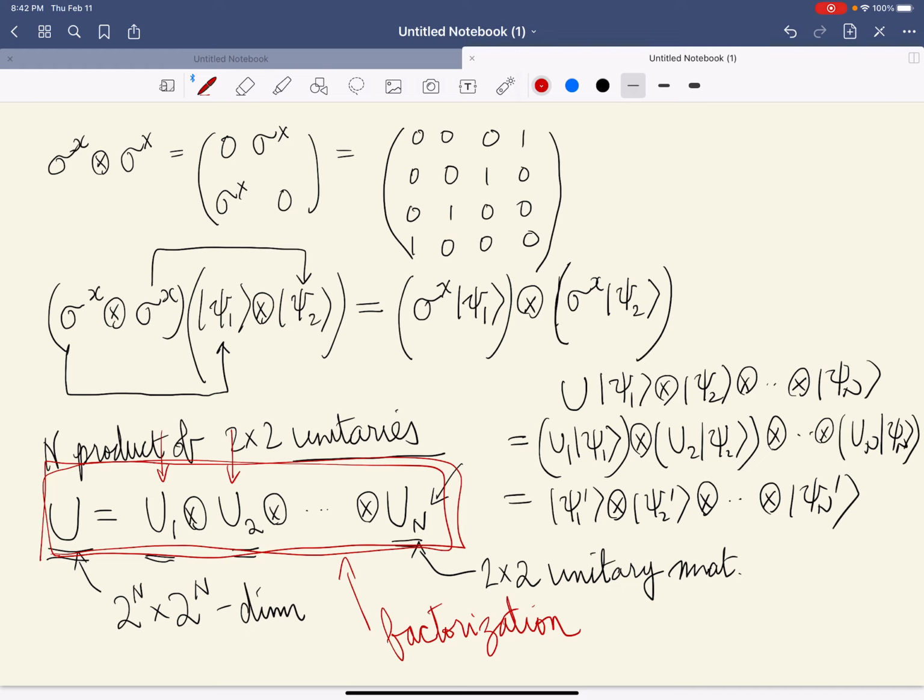So the inability to break down the unitary matrix in this factorized form is equivalent to building in entanglement by acting with a unitary operator on the initial state, which is a product state. I hope you realize that there is a clear one-to-one connection between the physical language of building entanglement into a given wave function and the impossibility of a big unitary matrix factorizing into n different smaller unitary matrices.